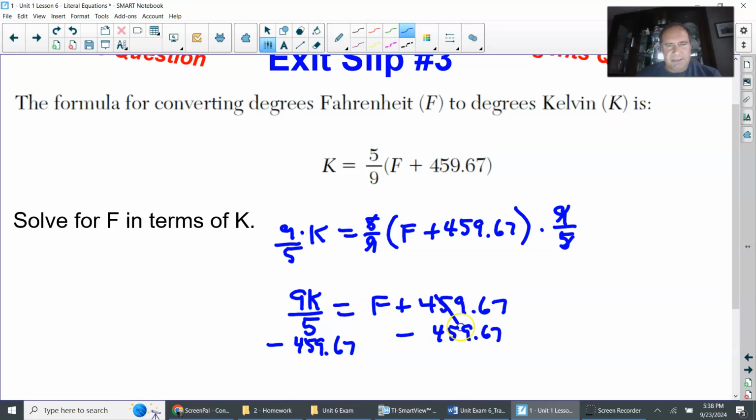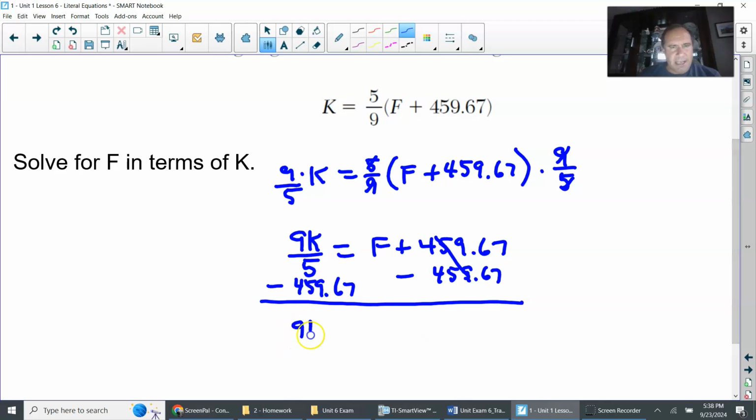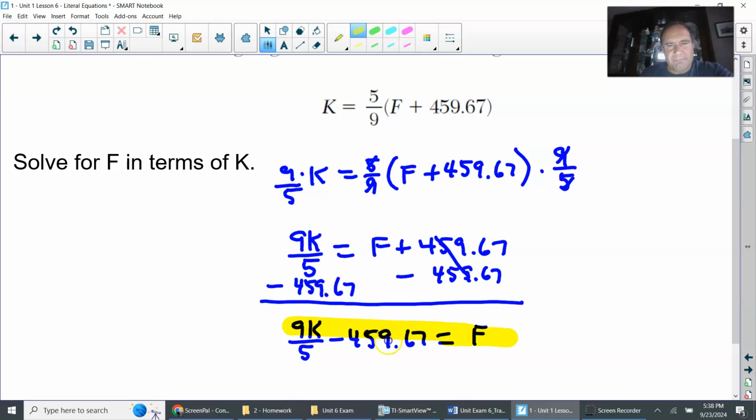This cancels, and I'm going to rewrite it as 9K over 5 minus 459.67 equals F. And that's what you wanted to solve for F.